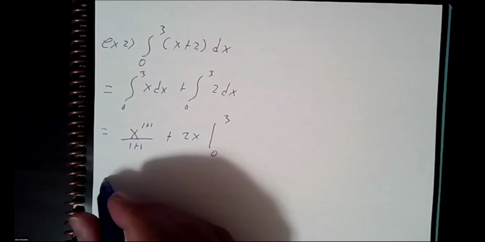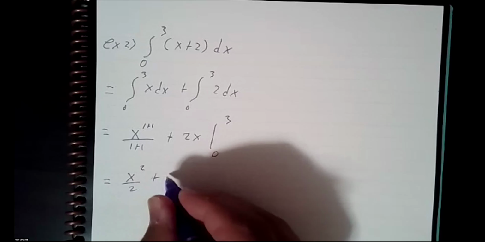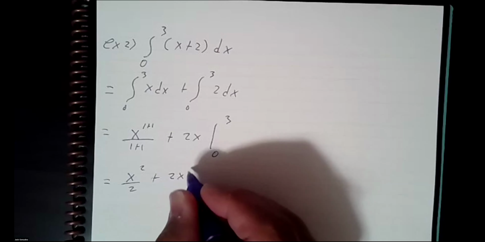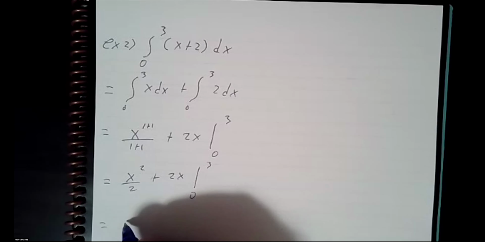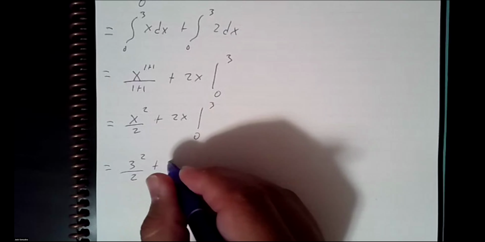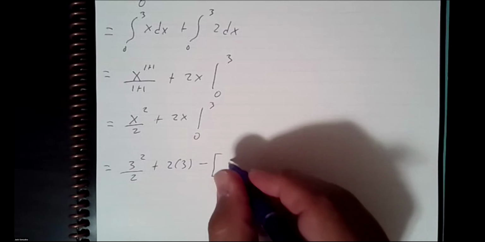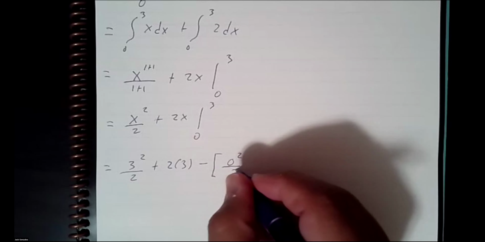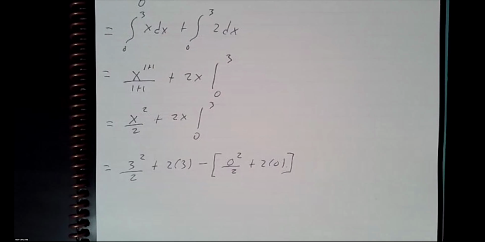To simplify this, get x squared over 2 plus 2x from 0 to 3. Plug in the top one first, minus the bottom.